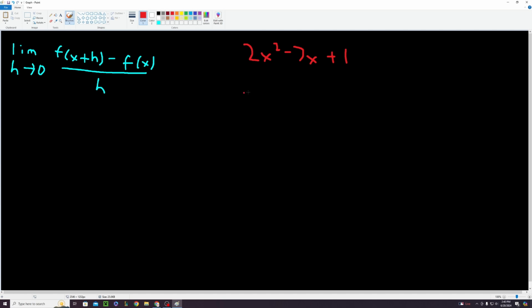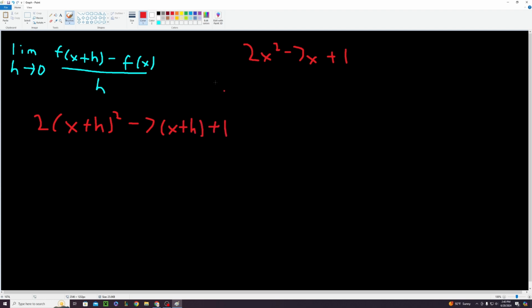Okay, now it's time for the example problem. We're going to try to find the derivative of the function 2x squared minus 7x plus 1 using the formula. So let's just do that real quick. Do 2 times (x plus h) squared minus 7 times (x plus h) plus 1.